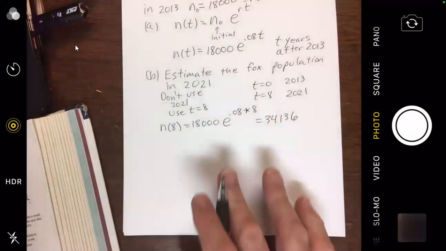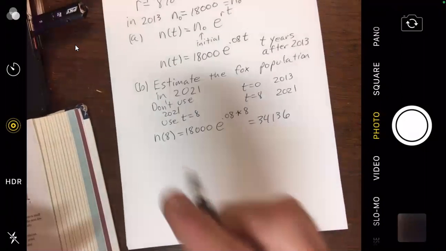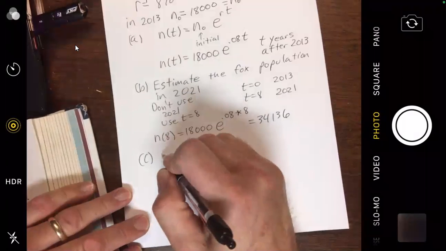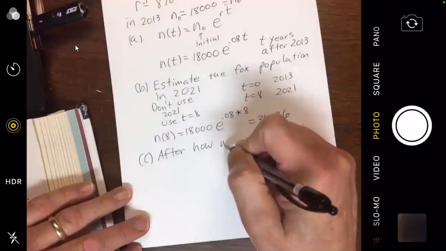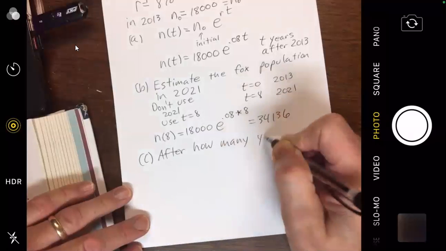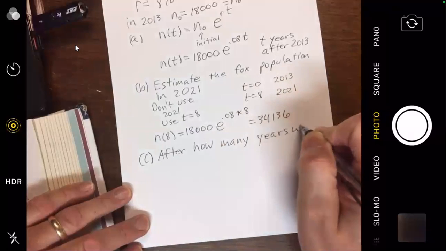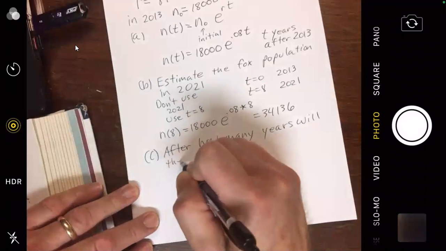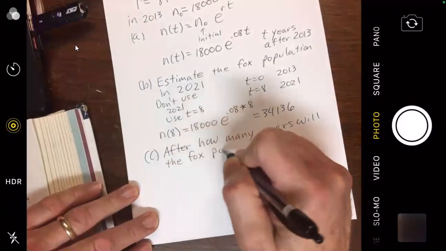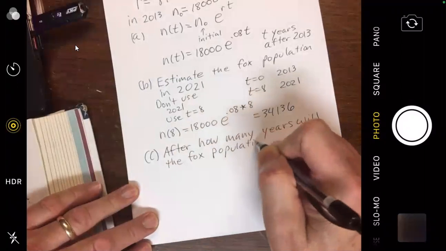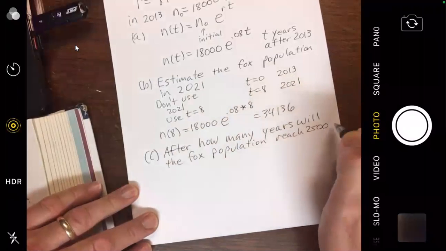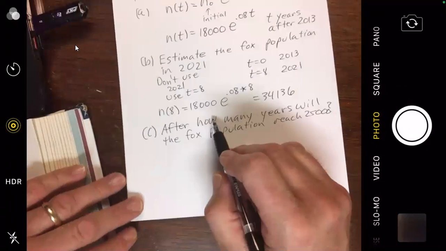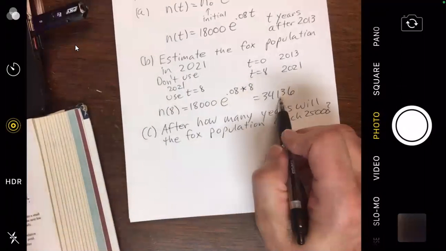After how many years will the fox population reach 25,000? Well, it better be before 8 years, because it took 8 years and you got 34,000.